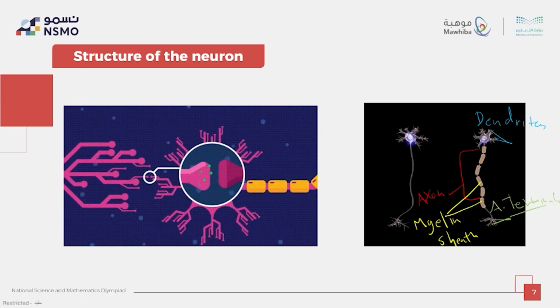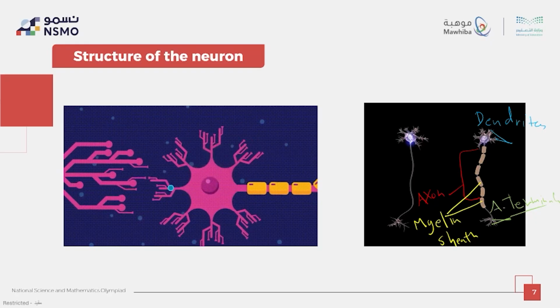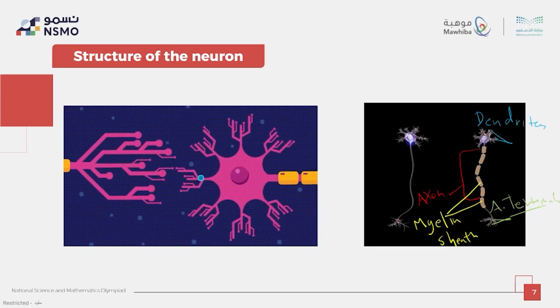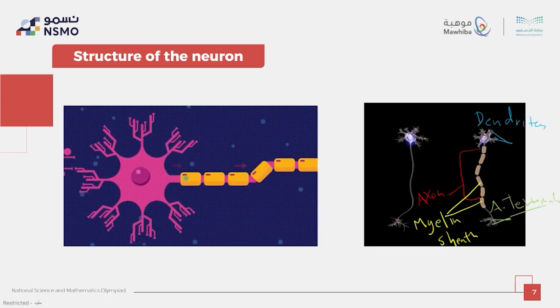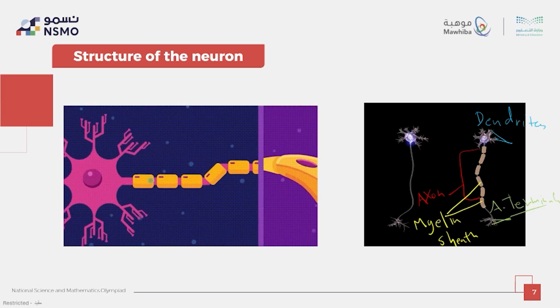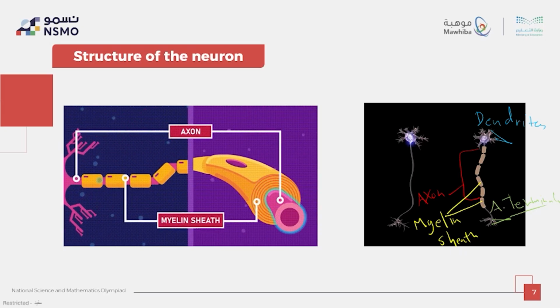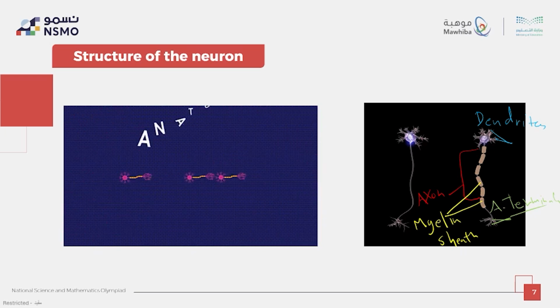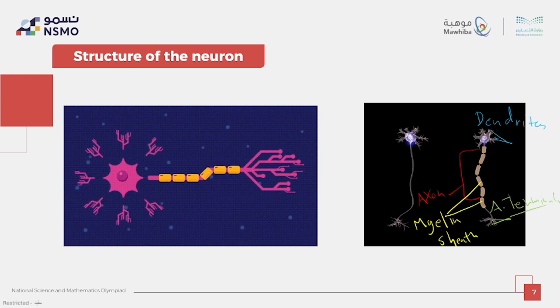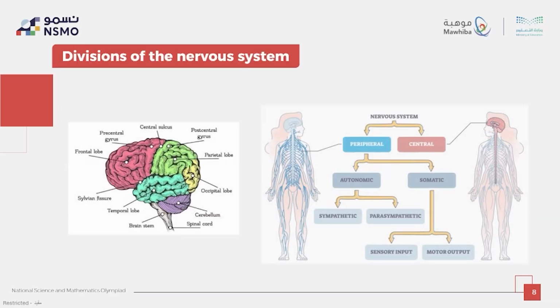Think, guys. A signal begins in the dendrites, travels along the axon and ends at the terminals. It's like an intelligent mail system from receiving to delivery. So, subhanallah.